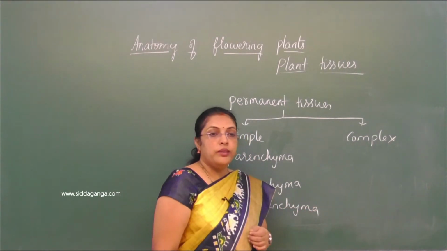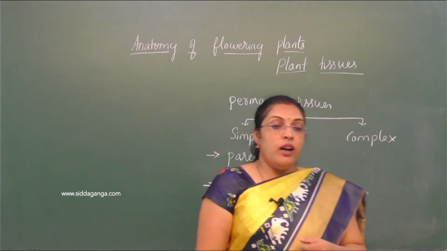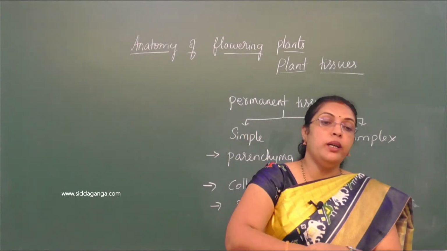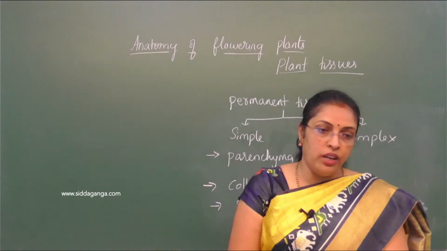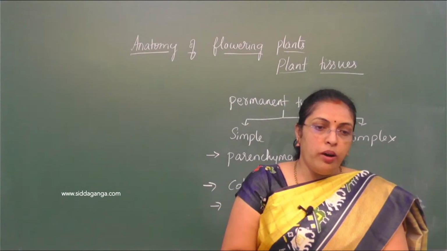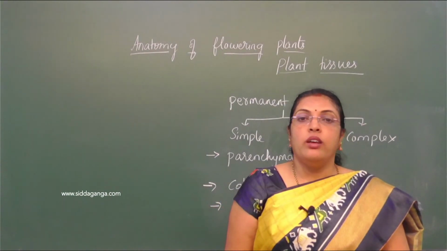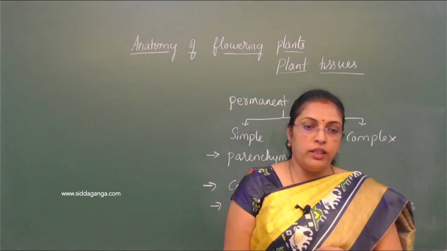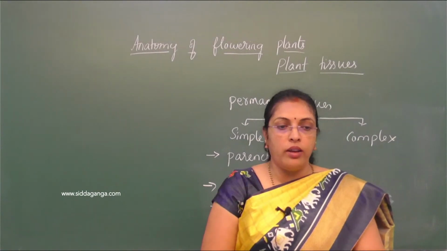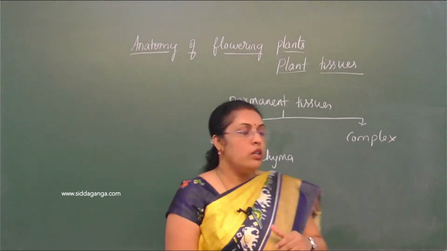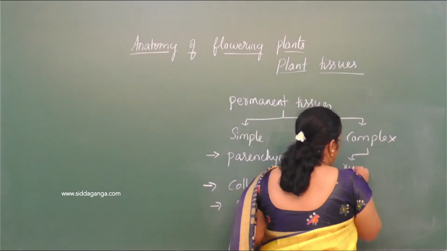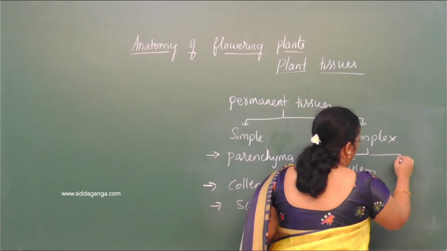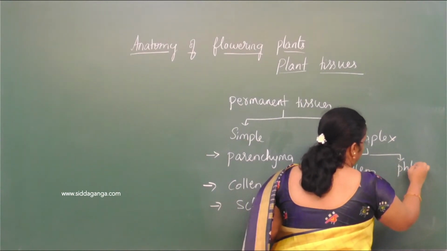Sclerenchyma comes under simple permanent tissue. The two complex tissues are Xylem and Phloem. Good, so under complex tissue we have two, that is Xylem and Phloem.